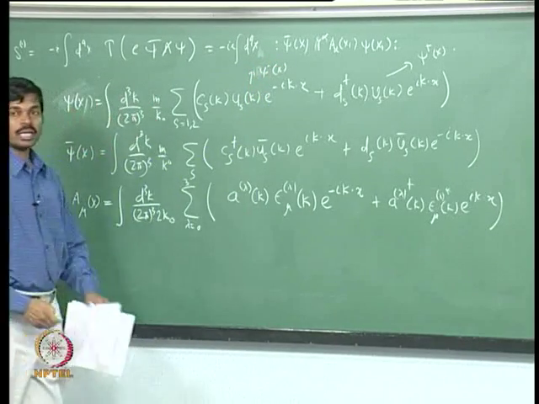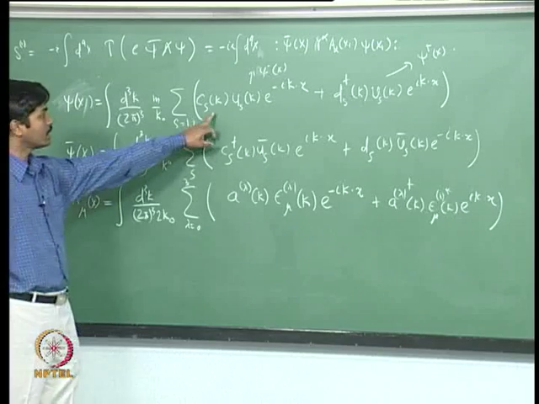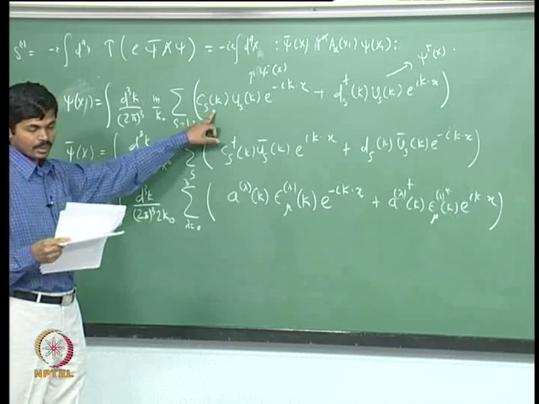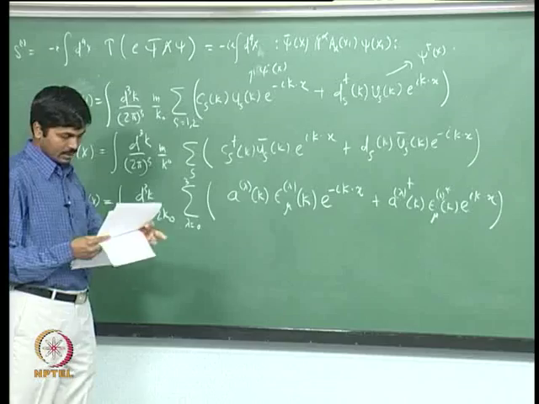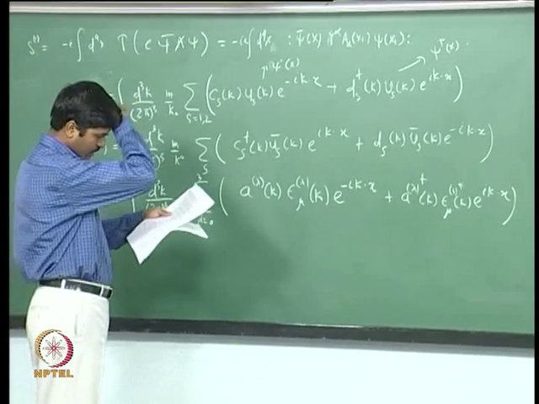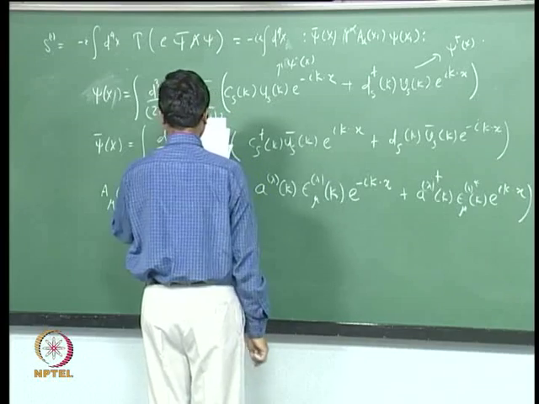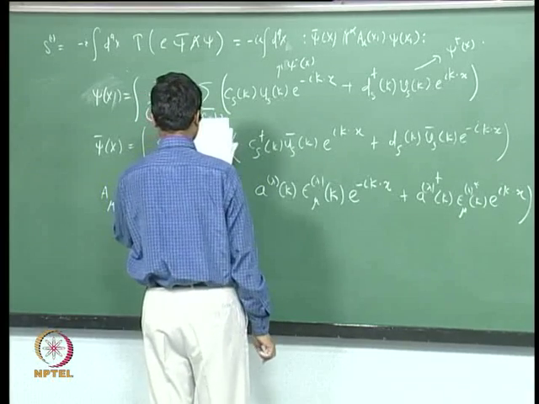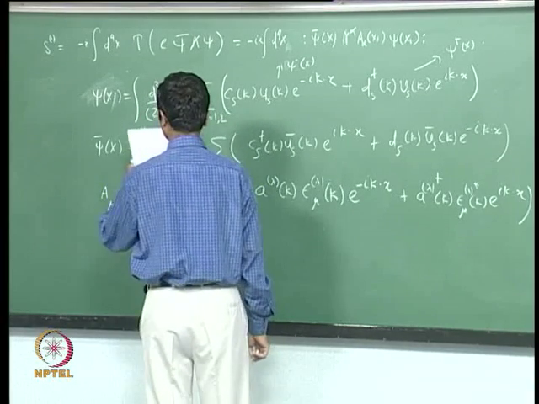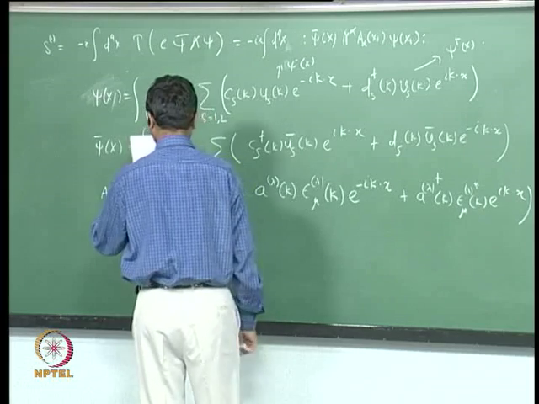So psi minus I will denote as containing the annihilation operator for one electron.